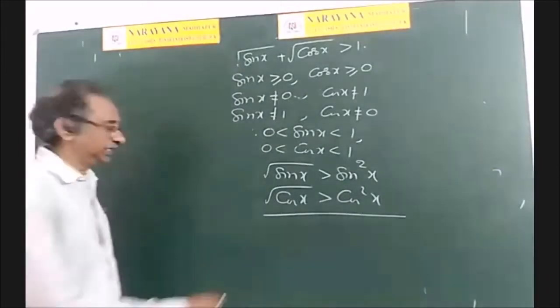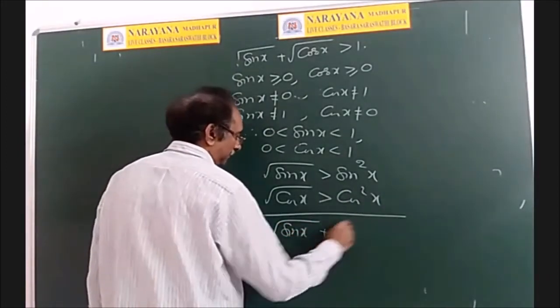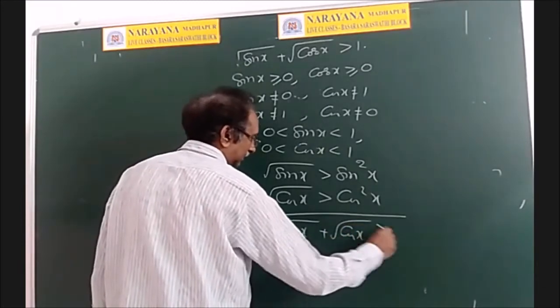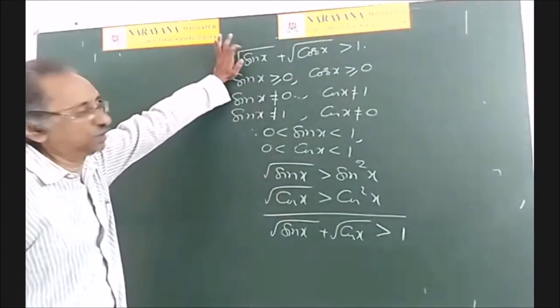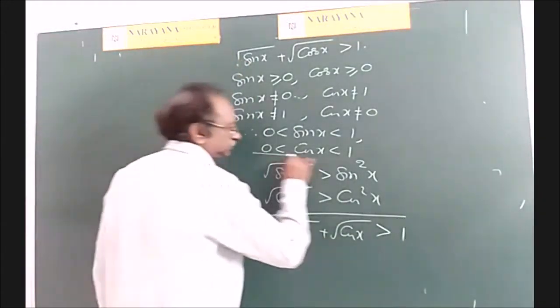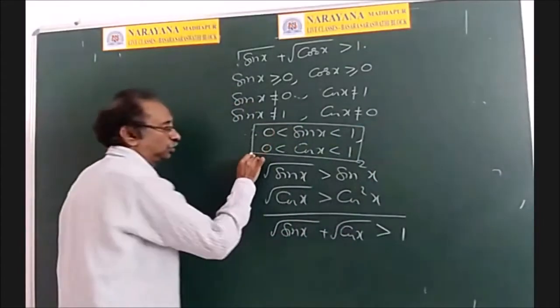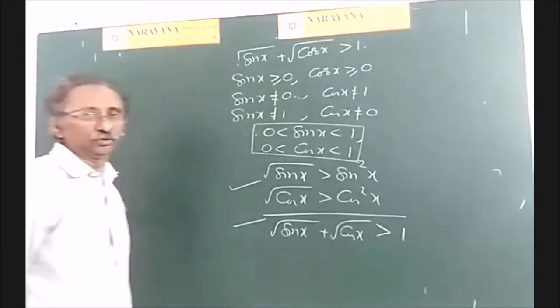And add these two inequalities. So root sin x plus root cos x greater than sin square x plus cos square x, which is 1. So it is satisfied. Therefore, whenever these two inequalities hold good, this inequality also holds good.